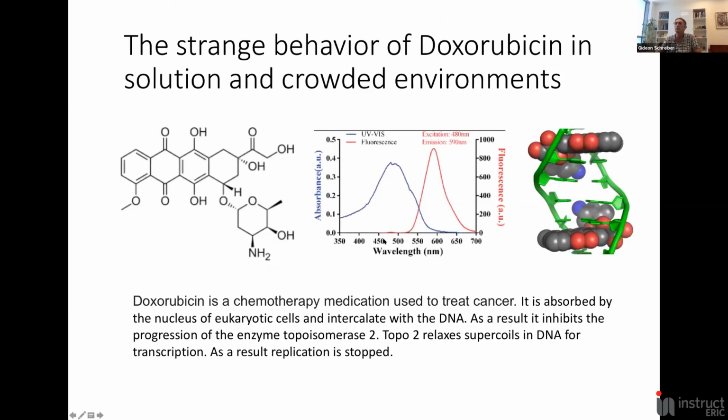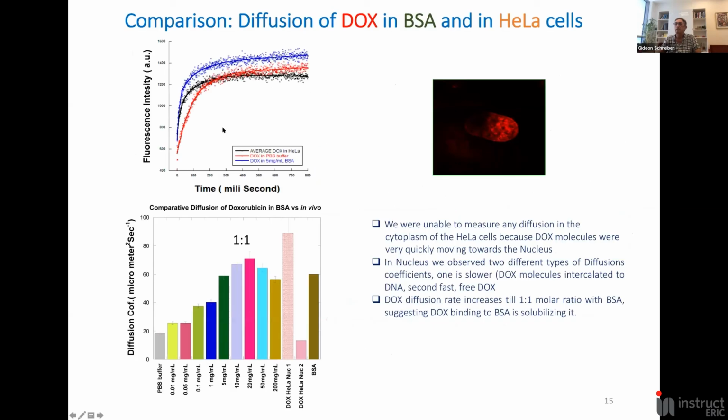Another example for a small molecule is doxorubicin. Doxorubicin is a well-known anti-cancer drug, which is still in use. Again, it has a good fluorescence that you can measure here. It chelates DNA. When we look now at doxorubicin in PBS buffer, these are in vitro measurements.